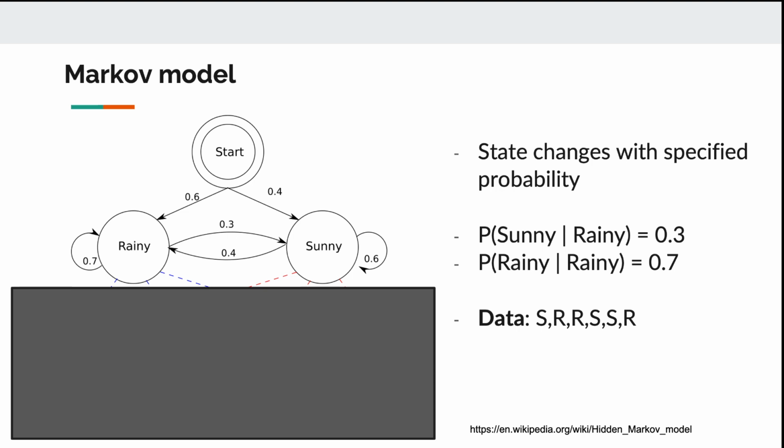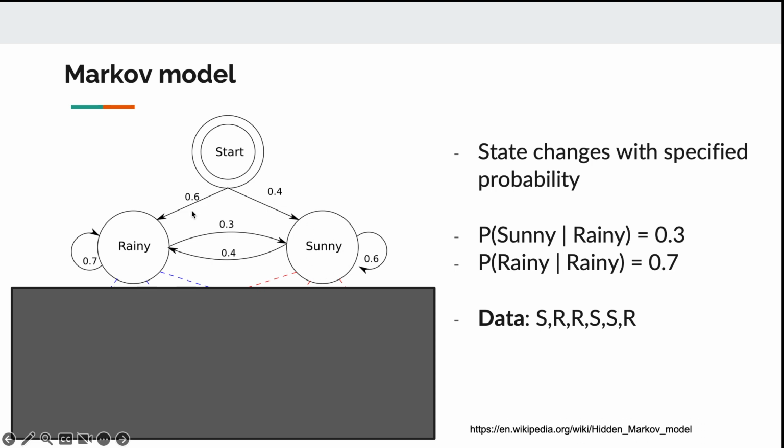So let's see this example. We have two possible states, and this is a model for a weather forecast. Let's say from the start, like the first nucleotide or the first day, we have no idea what the weather will be, but we might have some prior knowledge that if we live in a tropical area with a long rainy season, we might expect 60% of the year to be rainy and 40% of the year to be sunny.